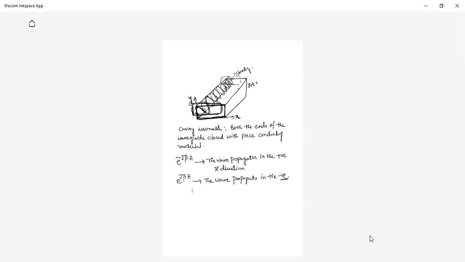What are the tangential components? E_ix and E_iy. A 180 degrees phase shift means you are going to get a negative sign, E_rx and E_ry like that. What is the normal component? The wave is propagating in the z direction, so the normal magnetic component will give you a 180 degrees phase shift. By taking those boundary conditions, what happens?